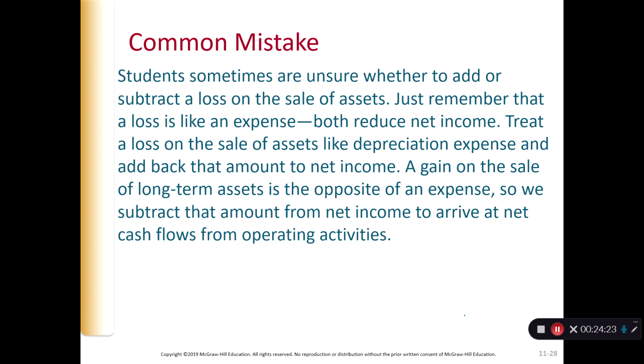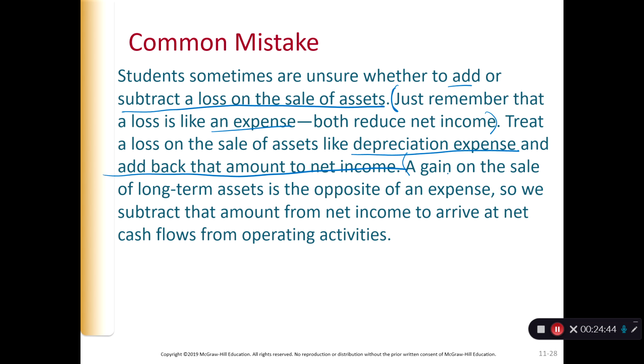Common mistakes: students sometimes are unsure whether to add or subtract the loss on the sale of an asset. Just remember that a loss is like an expense, which reduces net income. Treat a loss on the sale of an asset like a depreciation expense and add it back to net income.